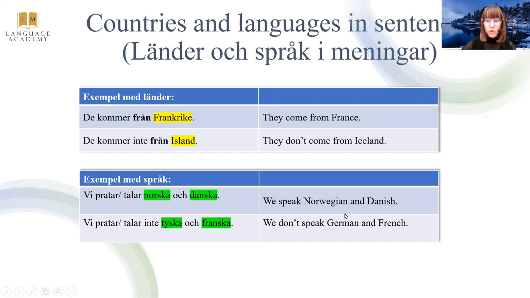We don't speak German and French, right? One thing that I would like to draw your attention to is that contrary to English, in Swedish, we do not capitalize the names of languages, right? We simply leave them in the simple letter N or D or T or F that we have here. No capital letters. We do write the names of countries with capital letters though.